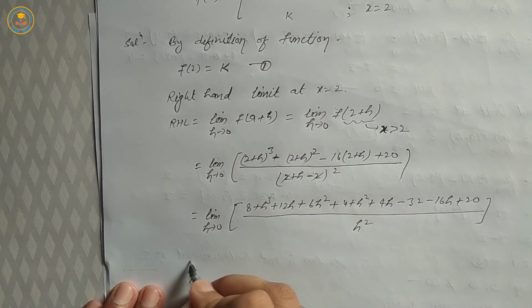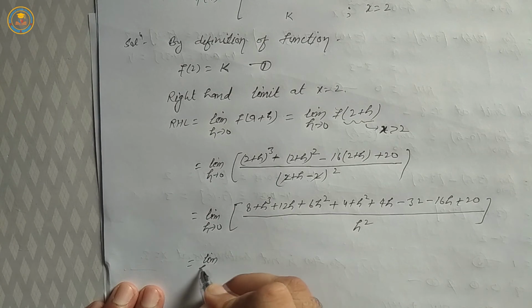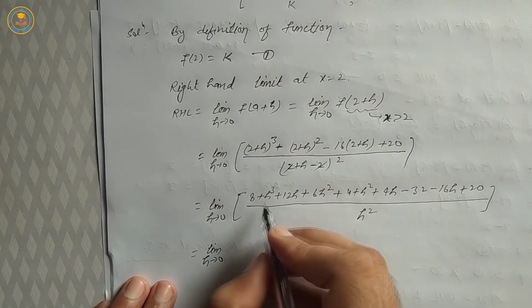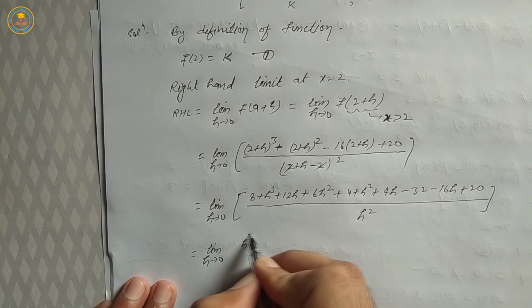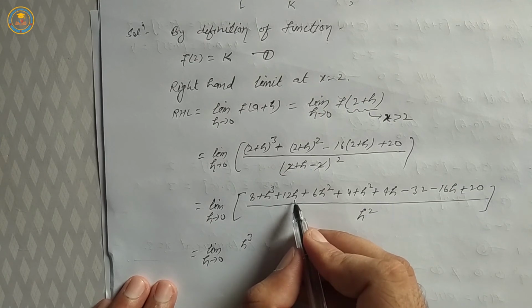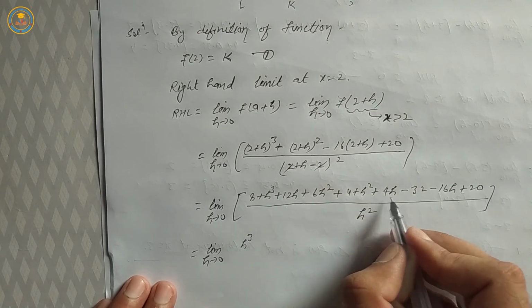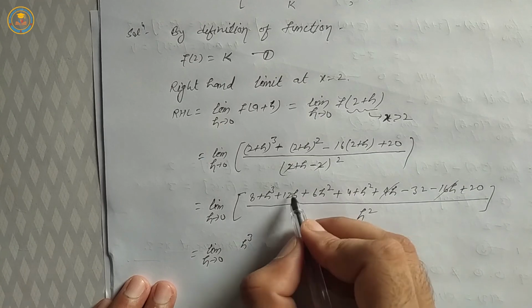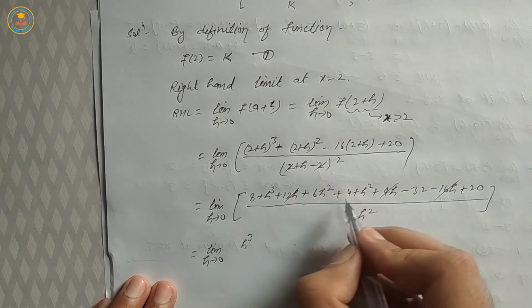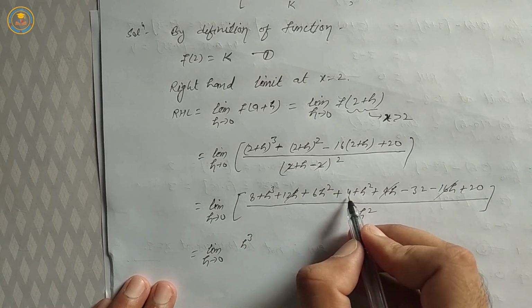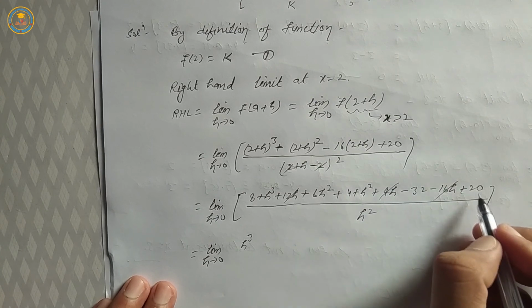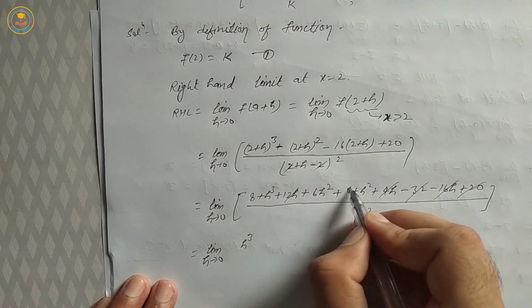Okay, is equal to limit h tends to 0, h cube, 12h, 4h, 16h, minus 16h cancel out. Okay, 8 plus 4, 12h, plus 20, 32 cancel out.